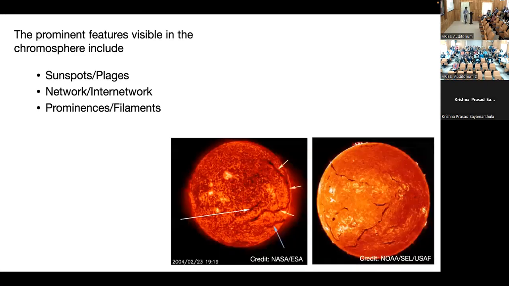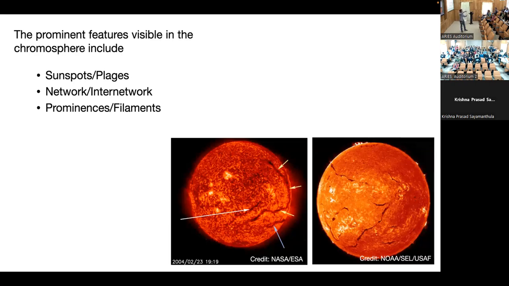If you see these bright structures on the disk, like I mentioned a while ago, they appear dark. The reason is that you look at H alpha, and at H alpha wavelengths you have bright radiation coming from the photosphere. That radiation is being absorbed by this dense suspended material, so you will see these features as dark.